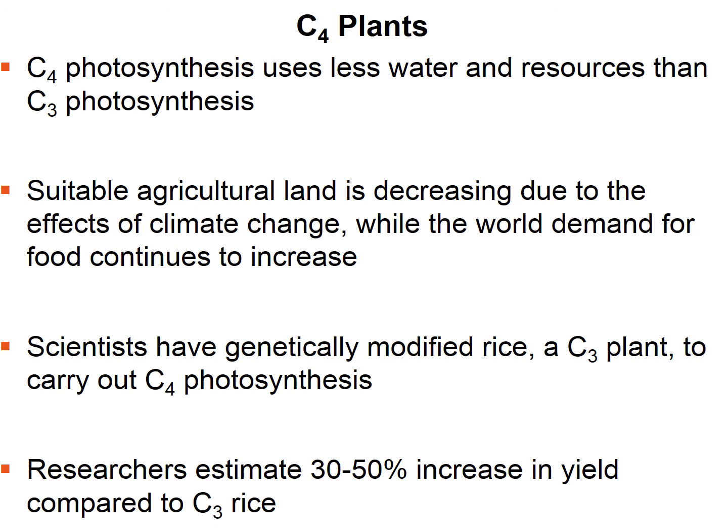Some plants scientists are genetically modifying, so instead of using the C3 pathway, they use the C4 pathway. One plant they've done this with is rice, and they found that compared to C3 rice, C4 rice can yield 30 to 50% more, so that's quite a significant increase.